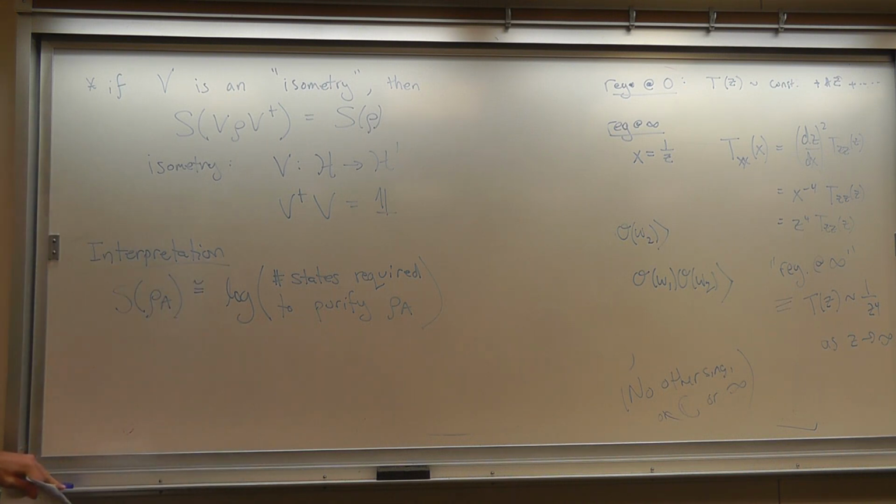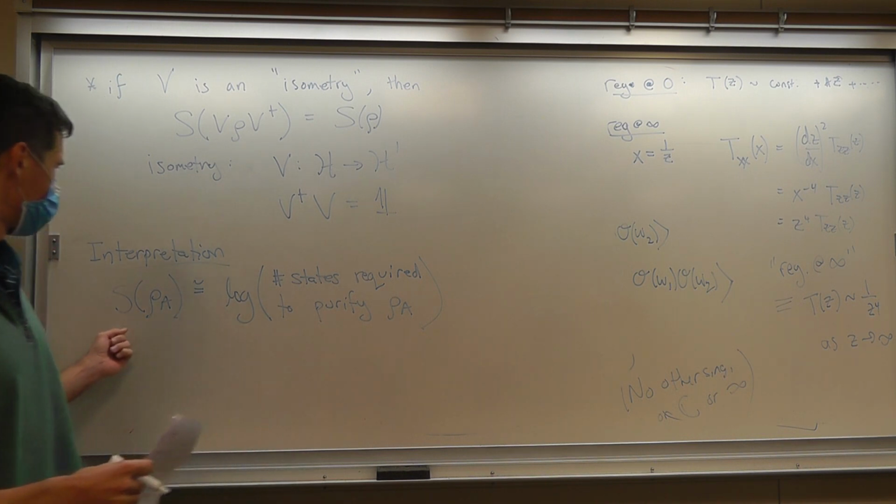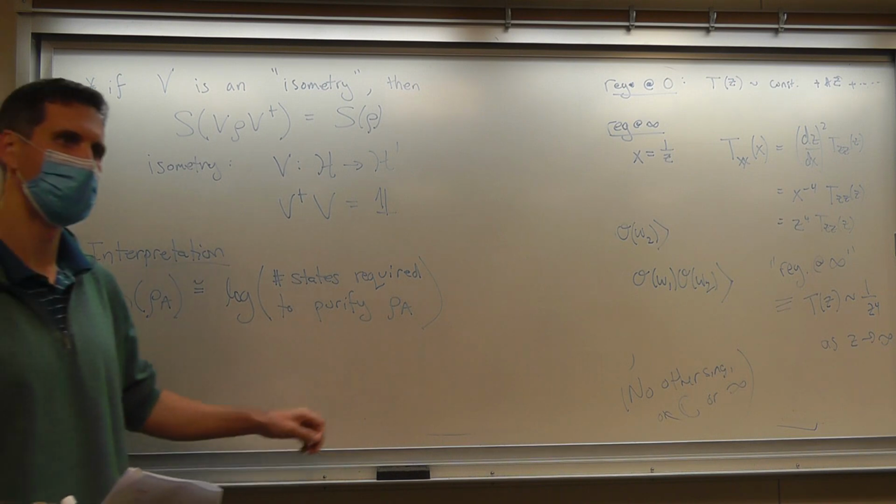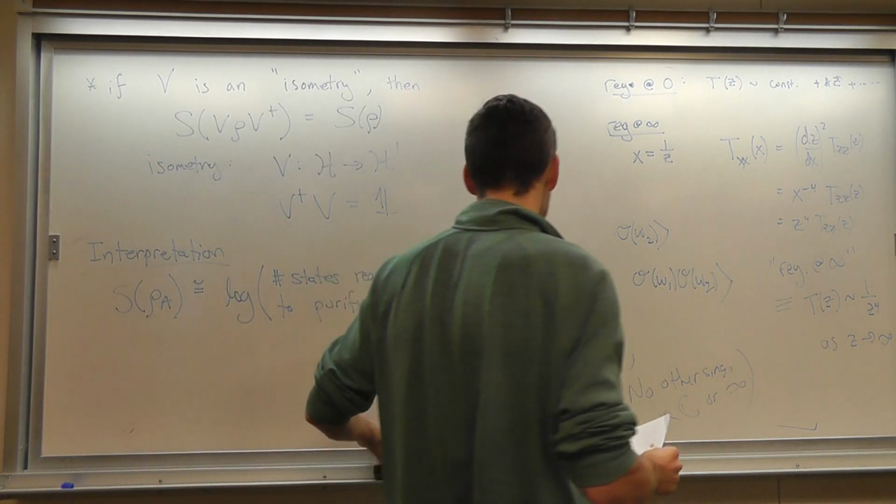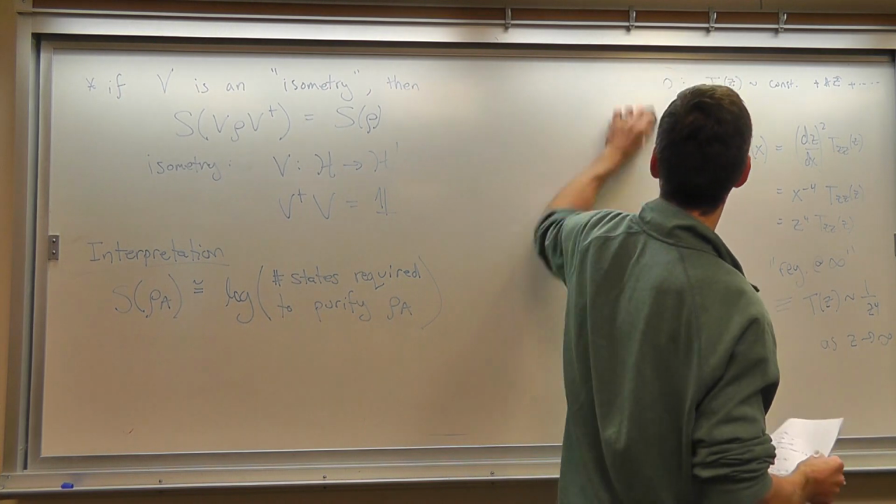S is a continuous function, but numbers of states are not continuous. This is just a useful way to think about it for the kinds of applications that we're going to discuss. So we know that any state can be purified, and this is just telling us how to interpret that in terms of the entropy.